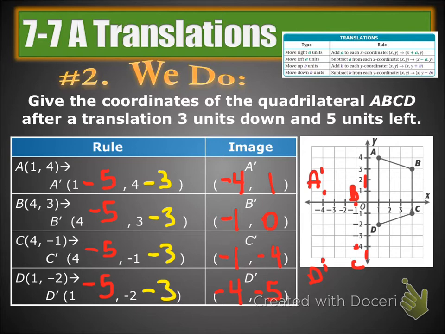Now if I connect those lines, I am going to have my shape that I just moved. Same shape, just moved, translated 3 units down and 5 units to the left.